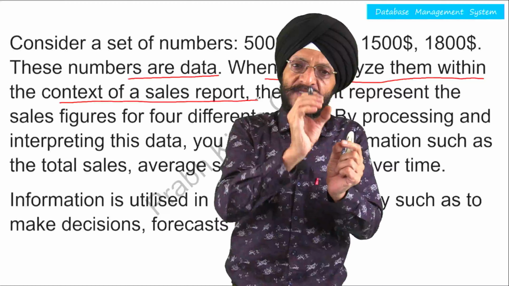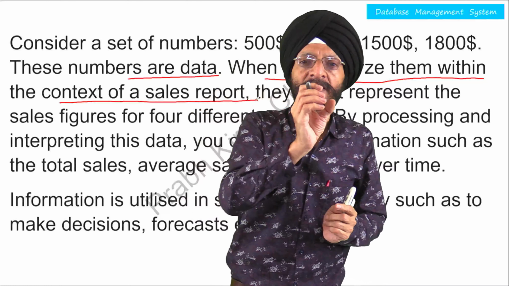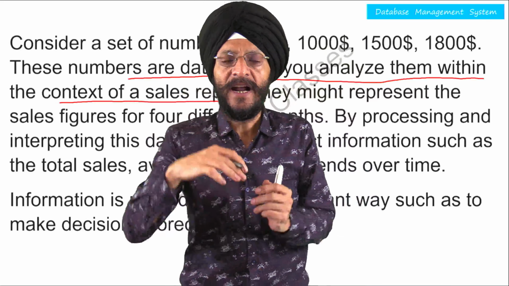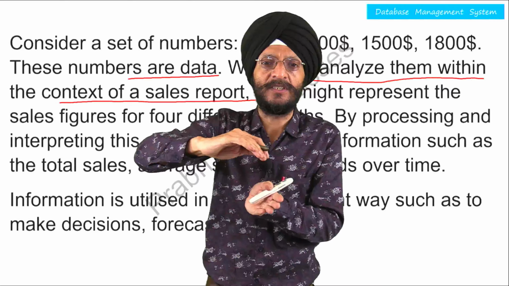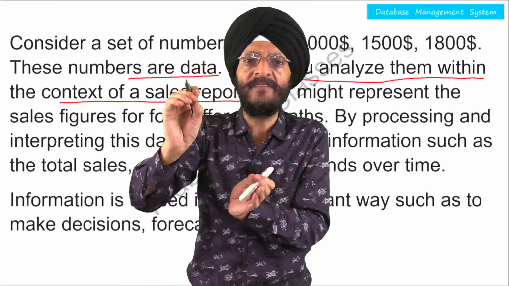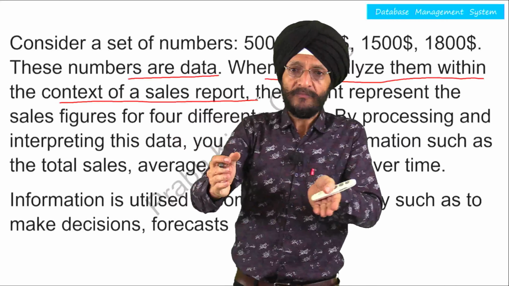But when you analyze these figures in the context of a sales report, that is, if you prepare the sales report and these figures are shown there, then you can say that in the first month the sales figures are $500, and in the next month the sales figures have gone to $1,000, and in the third month the sales figures of the organization have gone to $1,500, and so on.